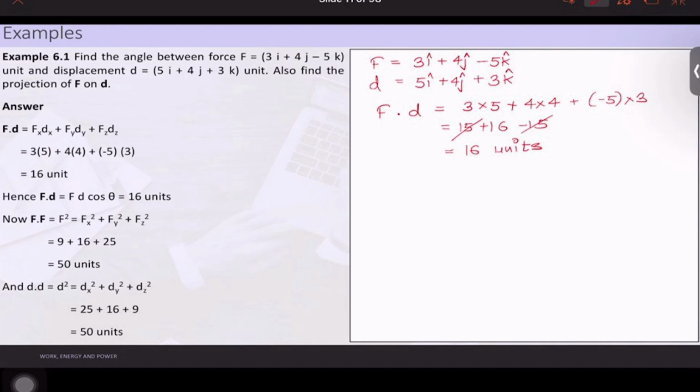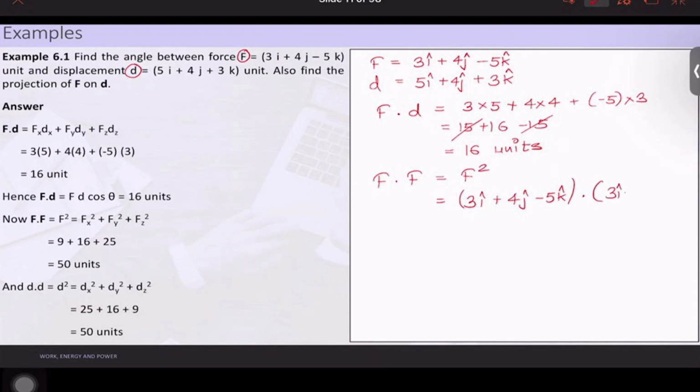Clear? Okay. Now the next thing we can do is find the magnitude of F and the magnitude of D. So how can we calculate the magnitude of F? We know that F dot F is nothing but the square of the magnitude. So we have 3i cap plus 4j cap minus 5k cap, dot product with itself.